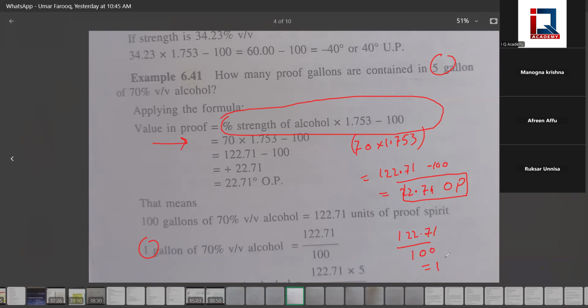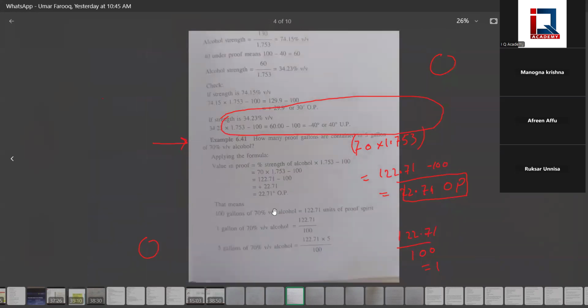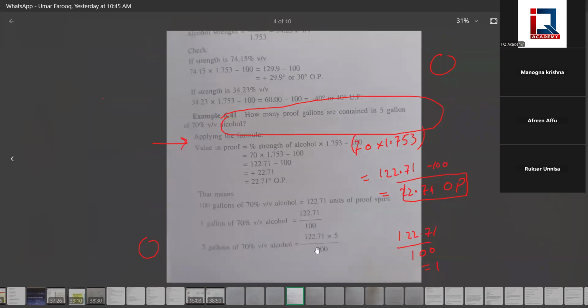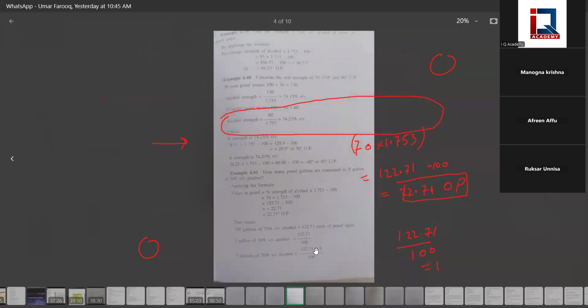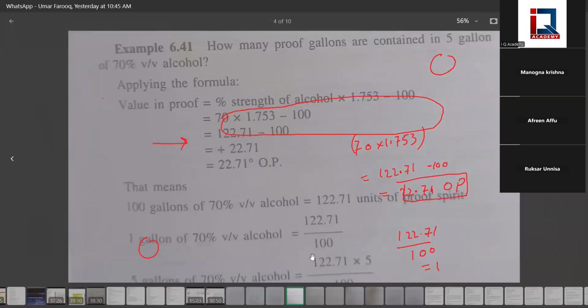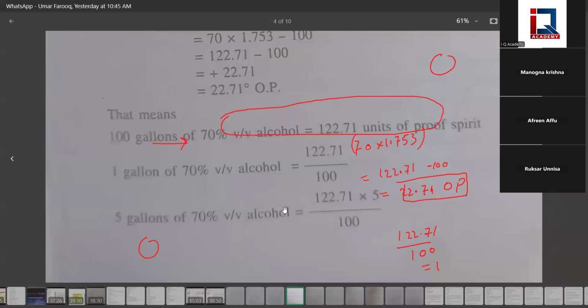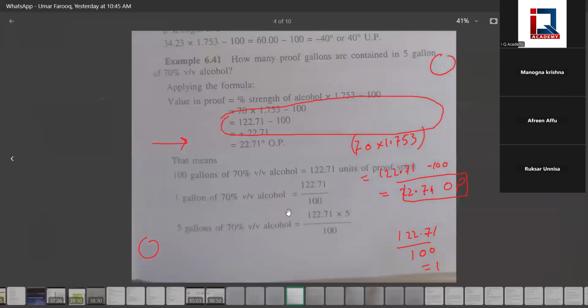Once the answer for 1 gallon comes, I will multiply it with 5 so that I can get the answer for 5 gallons. So for 5 gallons, 122.71 into 5 by 100 directly gives the answer. Okay, so this is how we need to do the calculation part.